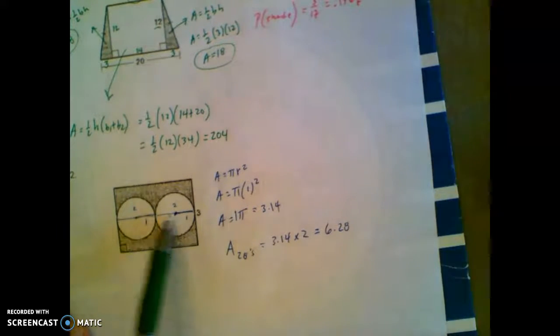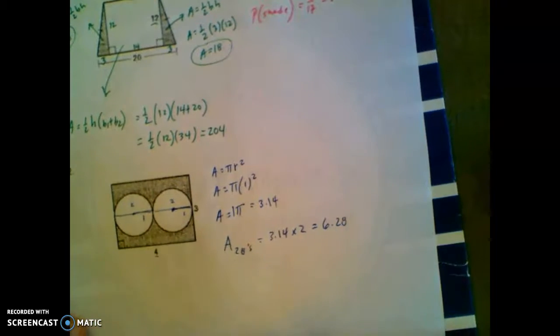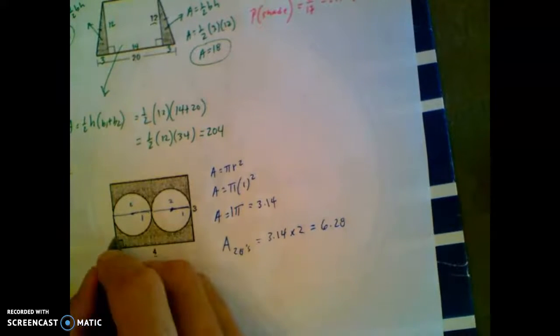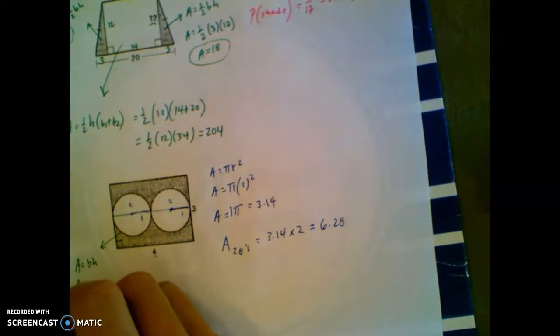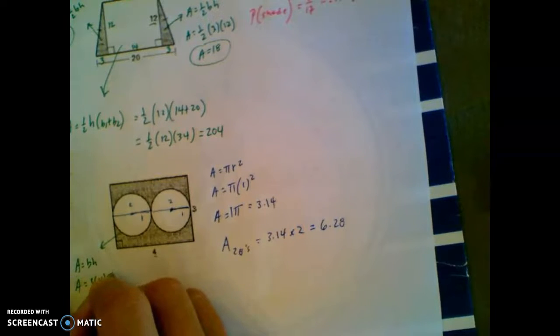So that's the circles. Now remember, to get the shaded area, I'm going to have to remove those circles from the rectangle. The overall rectangle itself is a 3 by 4. Remember, it's base times height for a parallelogram, so it would be 3 times 4. That's 12.